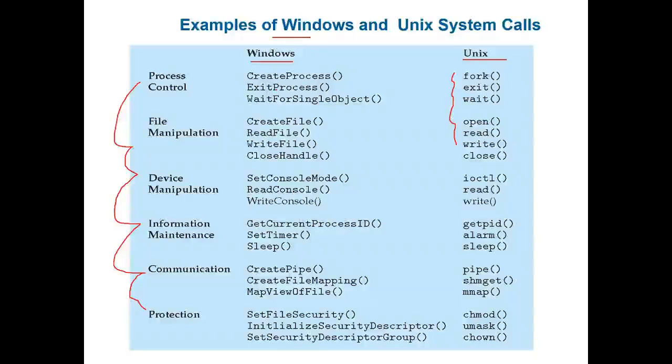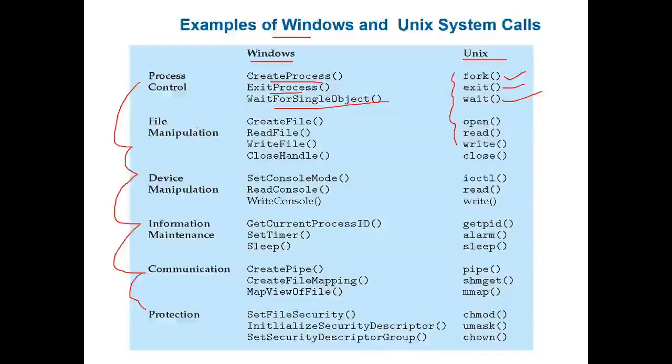Process control creates a process, exits a process, waits for a signal or object. This belongs to Windows operating system calls. Whereas in Unix or Linux, if you want to create a process, the system call used is fork, to exit the process, the exit system call, and for waiting, the wait system call.